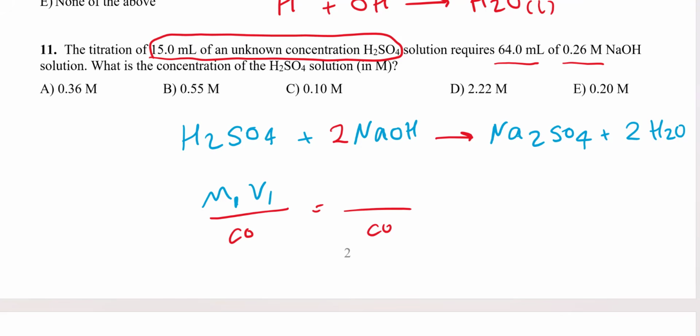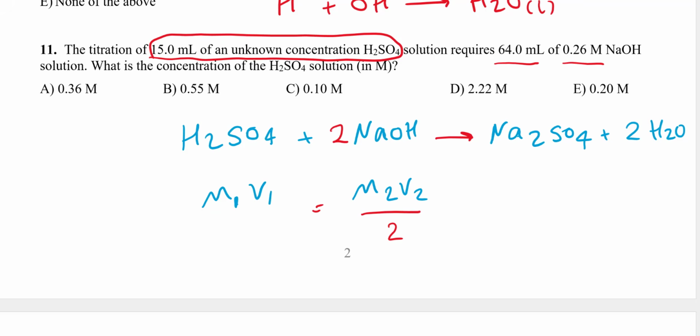And here we have M times V for sodium hydroxide that I mark by 2. The coefficient for sulfuric acid is 1. And the coefficient for sodium hydroxide is 2. And this one, we just ignore it. Then we can easily find the answer.